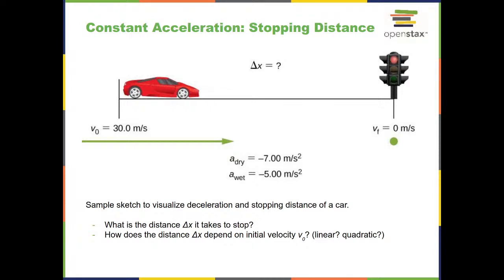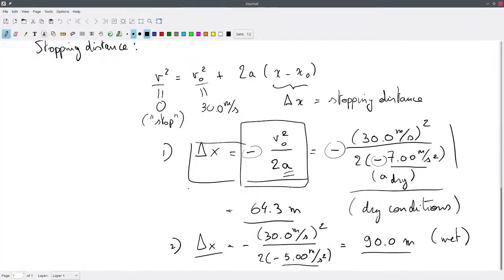And this one in particular, how does the stopping distance depend on the initial velocity? This might be one that you actually know from your driver's ed classes, because this typically gets thrown in there, that the stopping distance actually goes up by a factor of 4 when your initial velocity goes up by a factor of 2. So if we look at our formula here, delta x is proportional to the initial velocity squared.